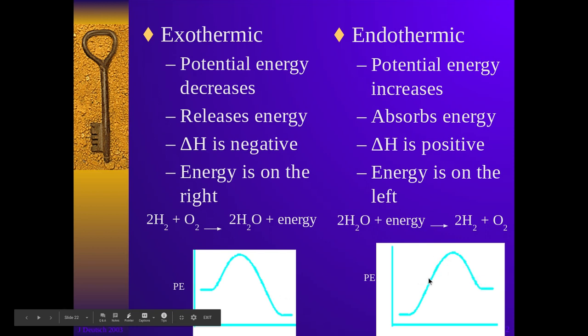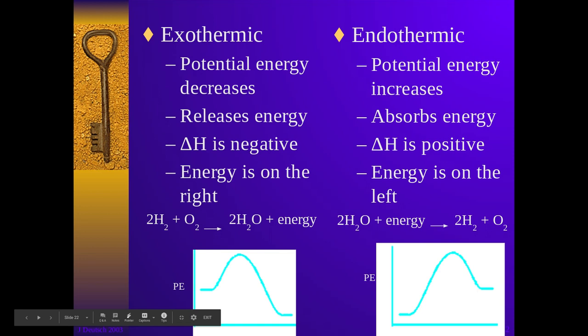So when you look at these curves, you can easily tell which one is exothermic and which one is endothermic just by looking at the curve itself and saying, okay, well, the reactants have lost energy when they became products, so that's exothermic, energy exited, right? Exothermic, think exit. And here we have the energy being gained or absorbed, so I would think endothermic, entering, right? The energy is entering this reaction, and so it's going to be going up when it becomes a product.